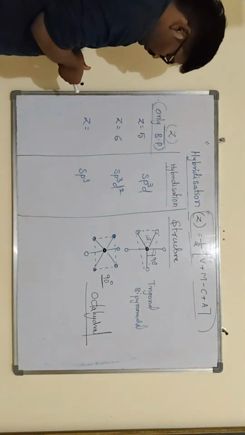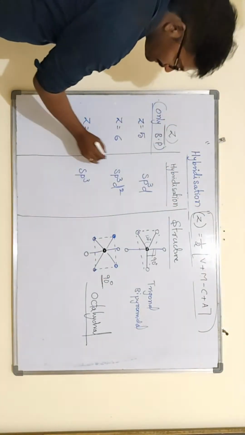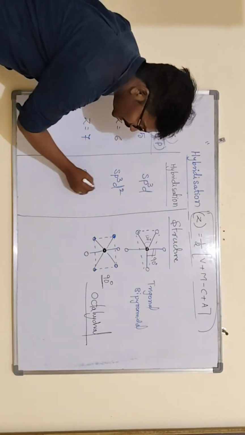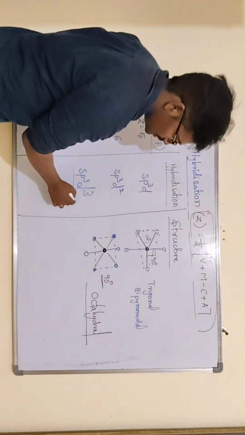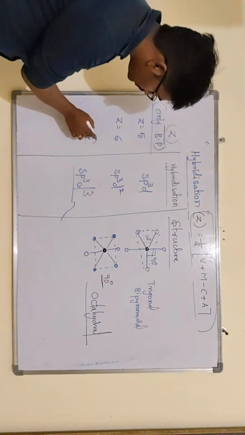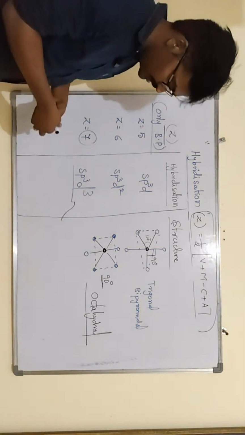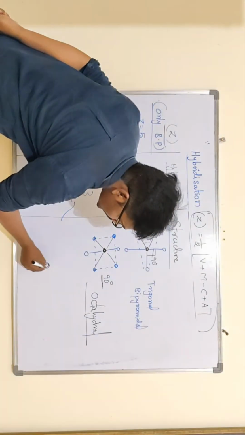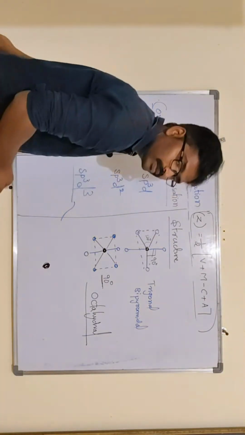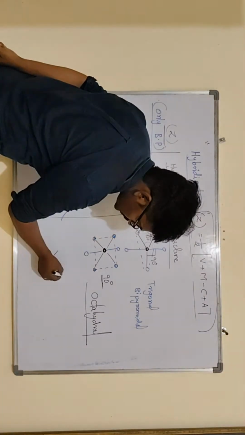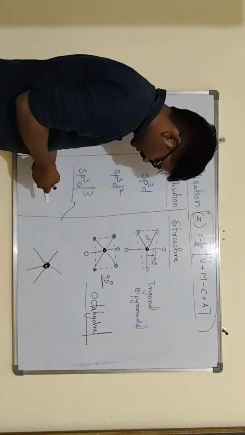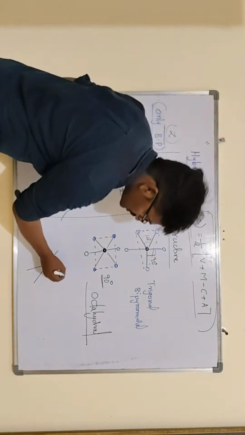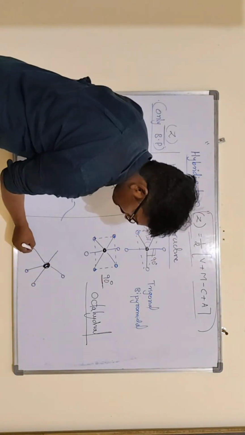Then Z value when 7 is there, sp3d3 hybridization. So 7 bonds are present. When 7 bonds are present, central atom, if you take like this, so 5 bonds surrounding the central atom are in one plane. 5 bonds are present in one plane.